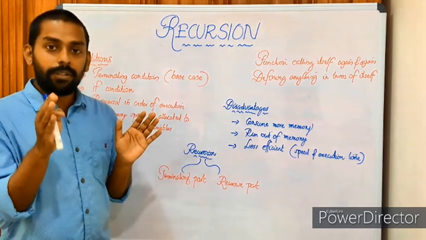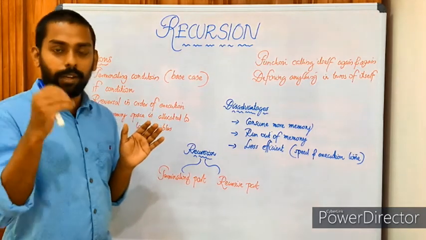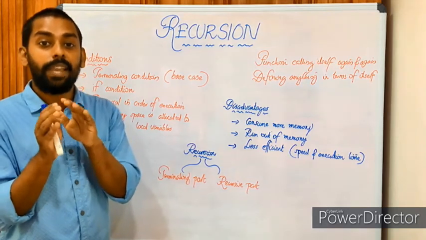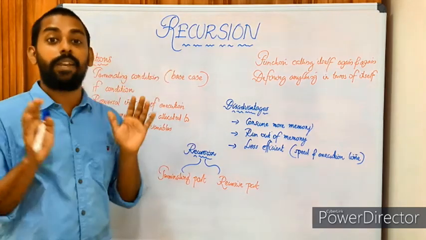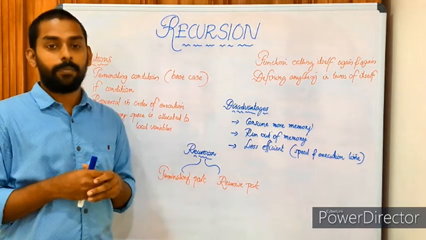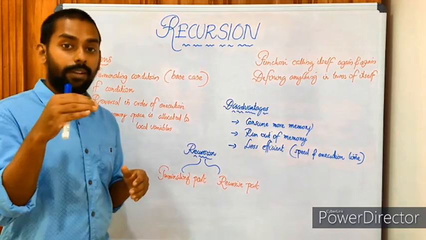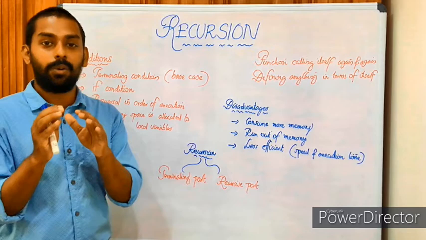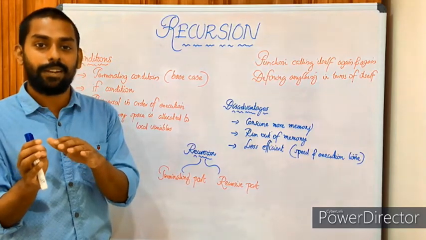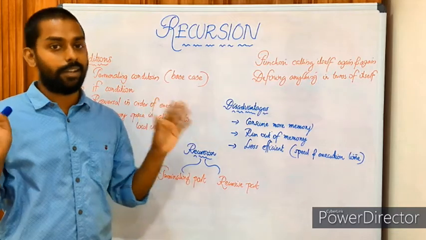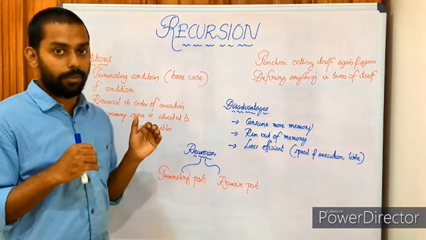But when we include the calling statement of area rectangle within the scope of the area rectangle function definition, it's called recursion. From the definition part of area rectangle, we are calling area rectangle. We can call it recursion, okay? The concept is very simple.